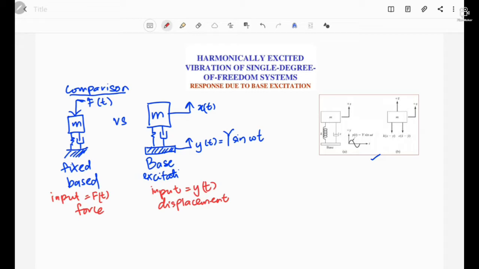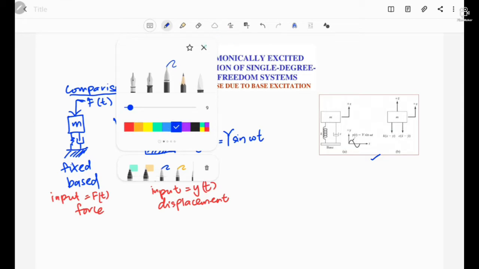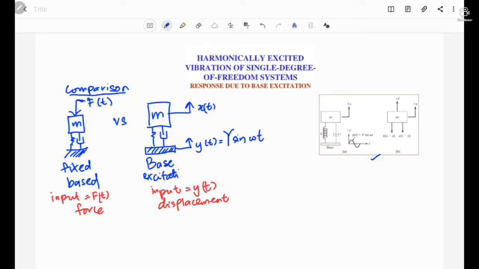Of course, when we want to derive the equation, it's going to be slightly different, because with the fixed base, the mass and the spring only move based on one parameter, which is x. So in this case, you have x(t). It doesn't matter if your direction x is going up or going down.